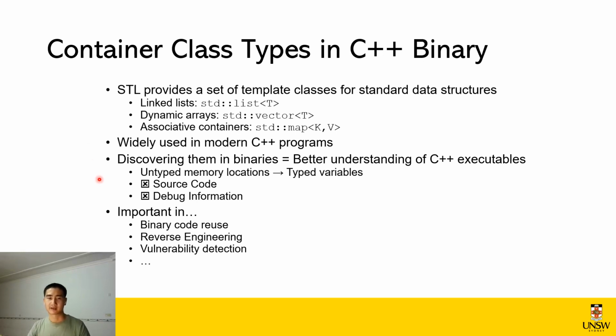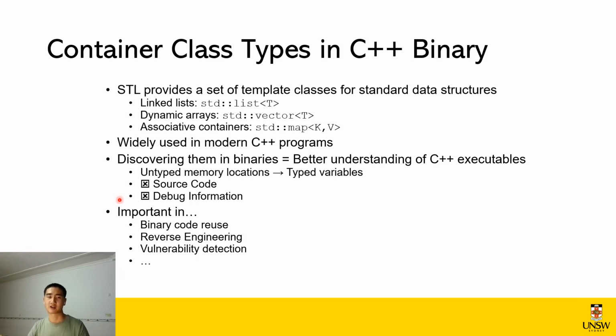What we want to do is that when we have untyped memory locations in a binary, we wish we could infer the type of the original variables. At the binary level, we don't have source code available, so we can't analyze it using high-level information or abstraction.